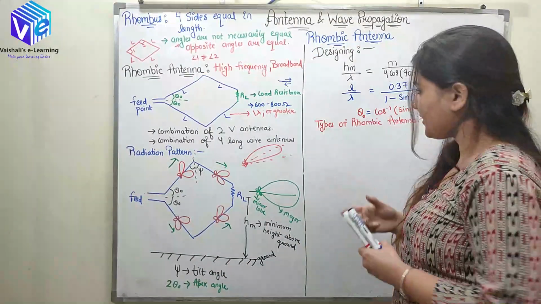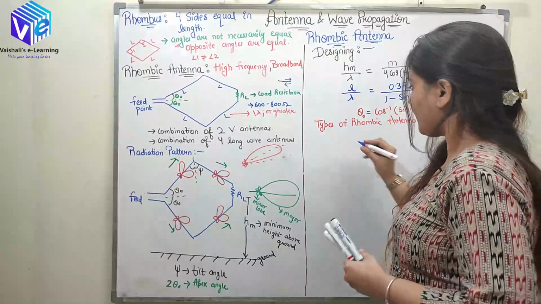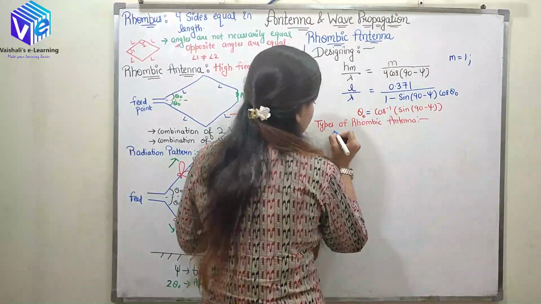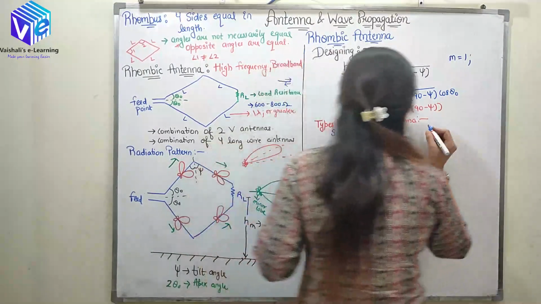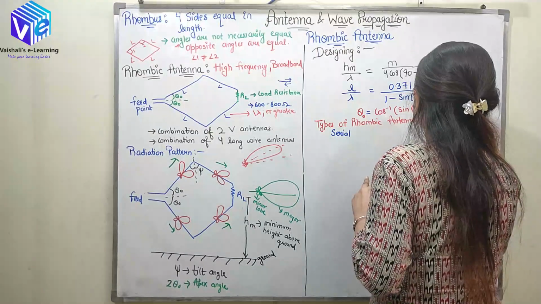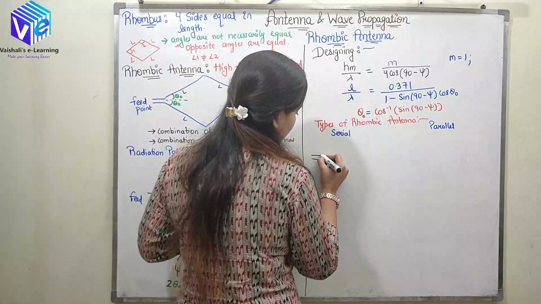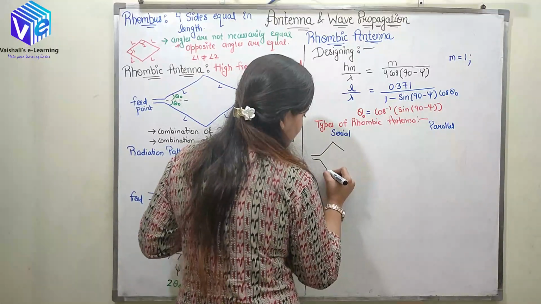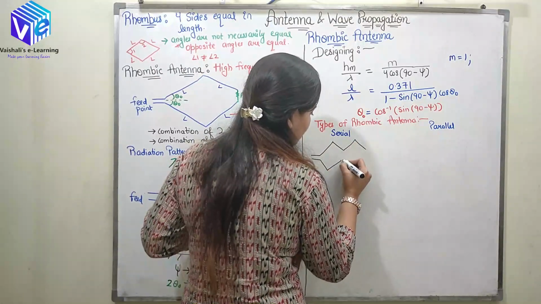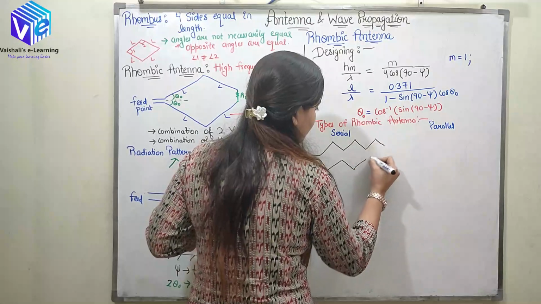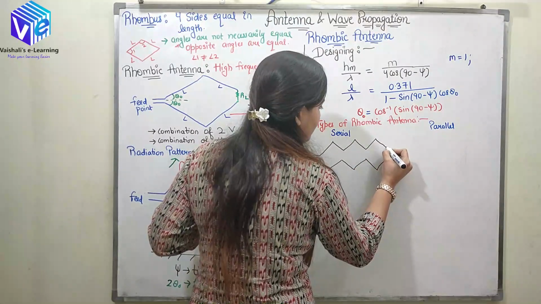There are two types of rhombic antenna connections: serial and parallel. In the serial connection, this is my feed point, this is my first rhombic antenna, connected to the second rhombic antenna, third rhombic antenna, and so on.